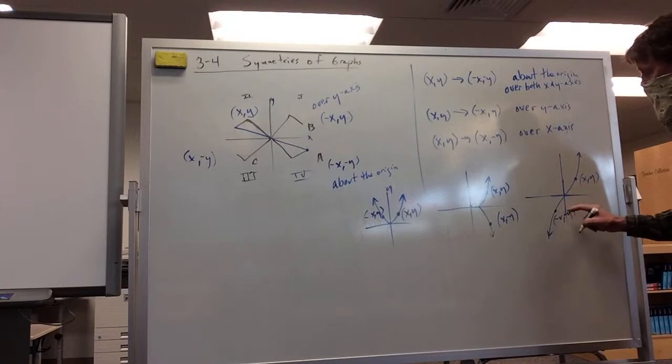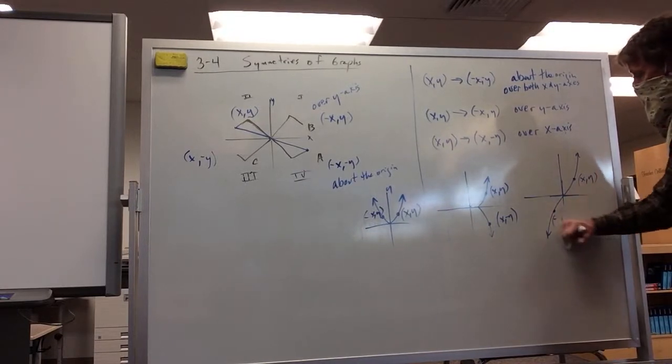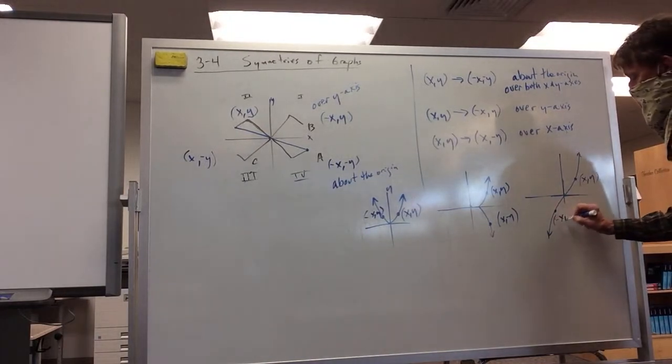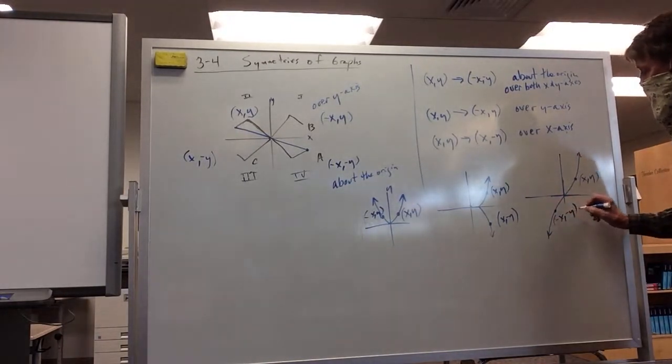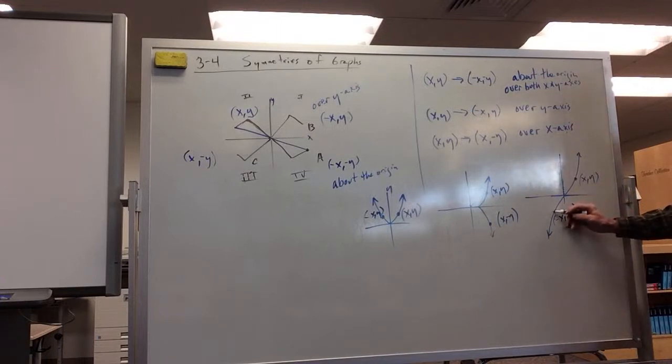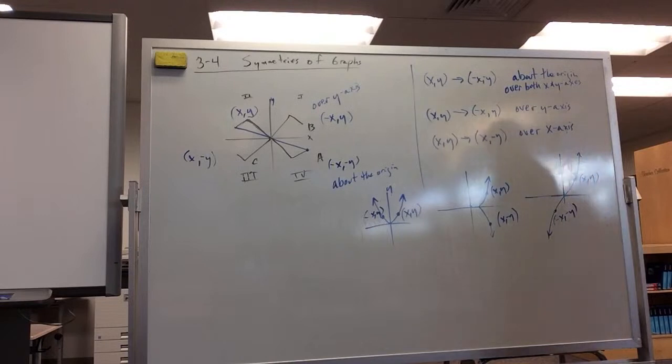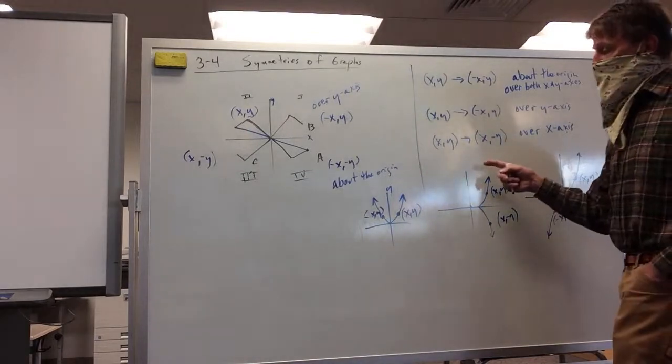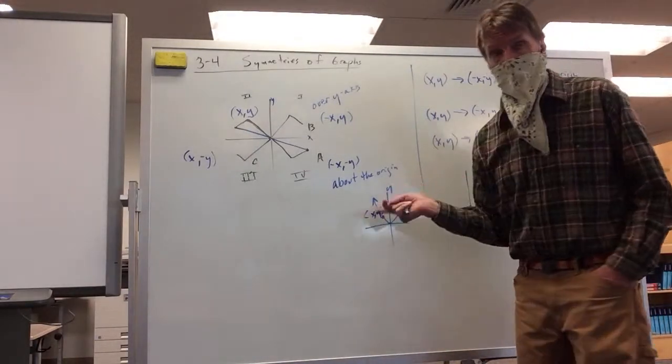So that's negative x and negative y. At the same time, this down here maps to its opposites, which become positive x and positive y. Okay, so that's symmetry about the origin. Symmetry about the origin, symmetry over the x-axis, symmetry over the y-axis.